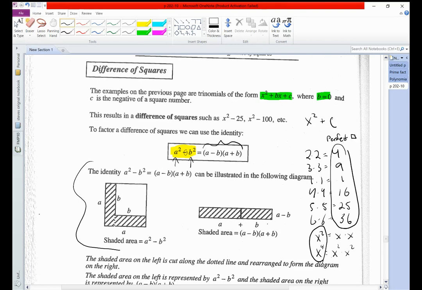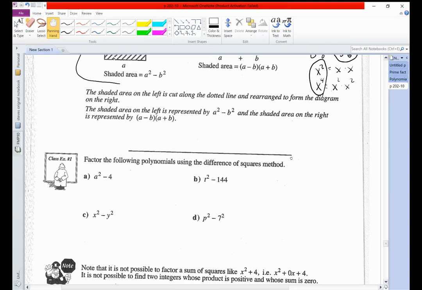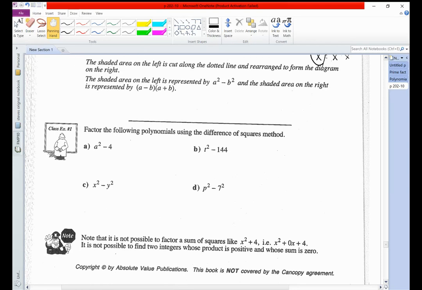But what we're going to do is take this idea and do some examples, and I think this will help. So whenever we have a squared minus b squared, we can factor that into the square root of a plus the square root of b, the square root of a minus the square root of b.